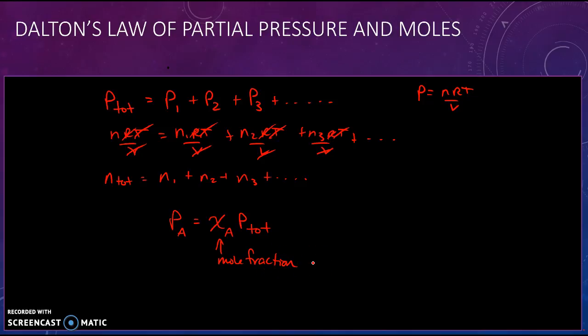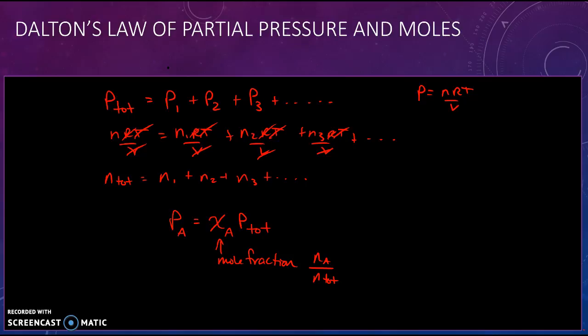And what we can say about mole fraction is that it's the number of moles of gas A divided by the total number of moles of everything. So essentially what this indicates is that the partial pressure of a gas is directly related to the number of moles of that gas. And it doesn't matter what type of gas you have, it just depends on the number of moles. Molar mass doesn't appear anywhere in here, identifying the gas never appears anywhere in here.